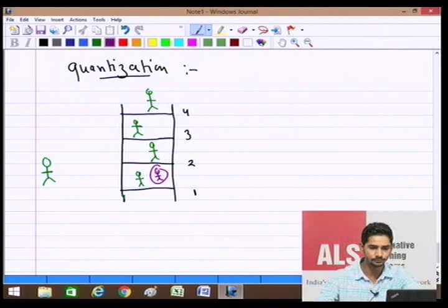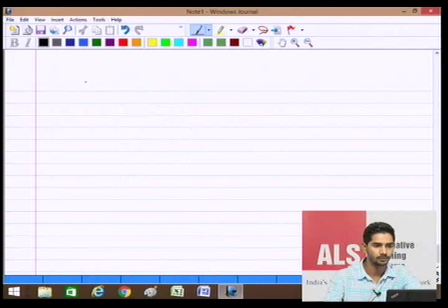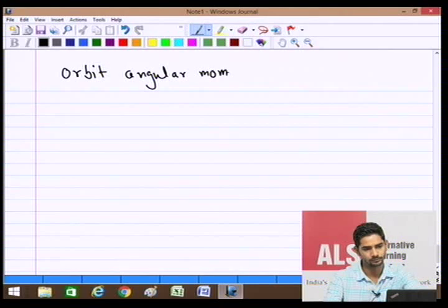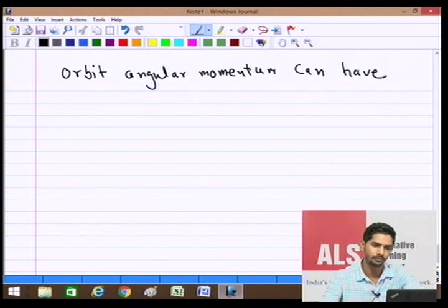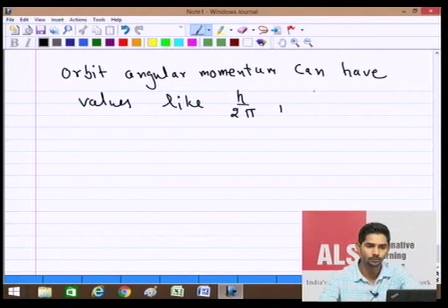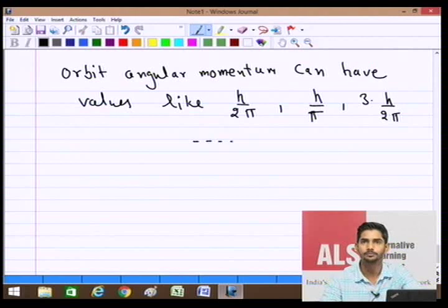Now, the orbit angular momentum can have values like: if I put n equal to 1, it will be h upon 2 pi. If I say 2, it will be h upon pi. If I put 3, this is 3h upon 2 pi, and so on.